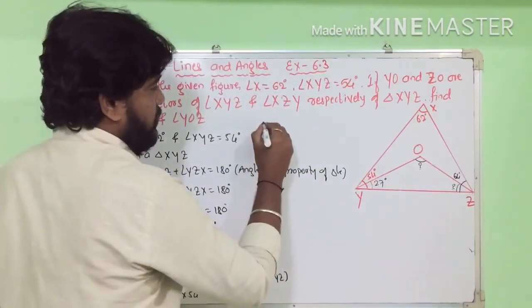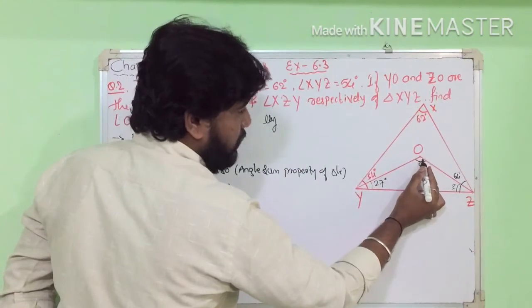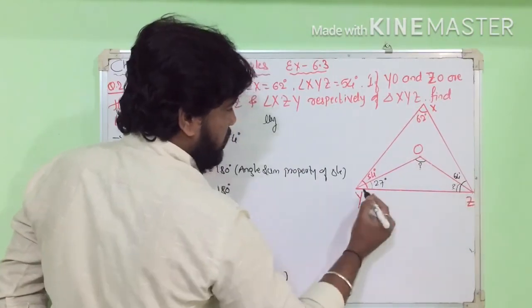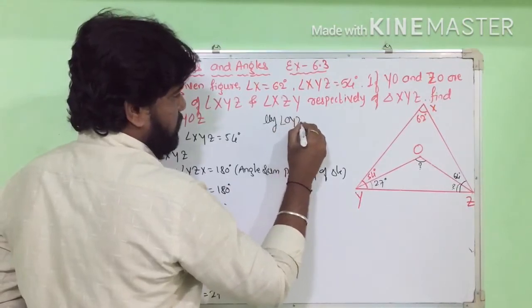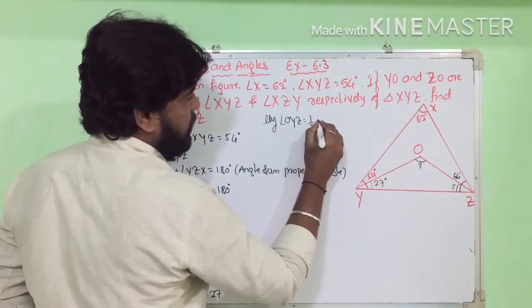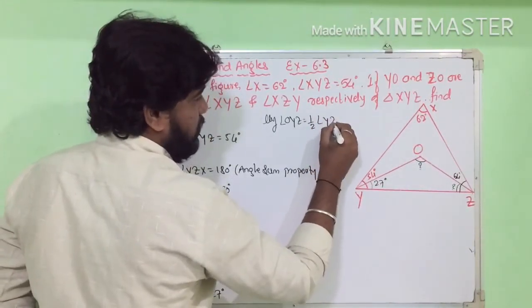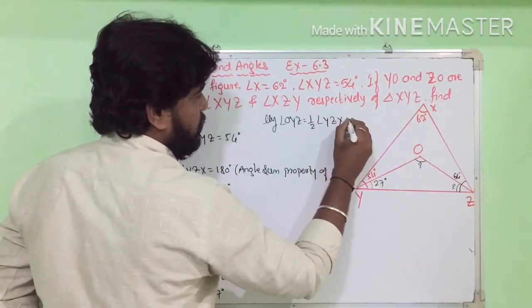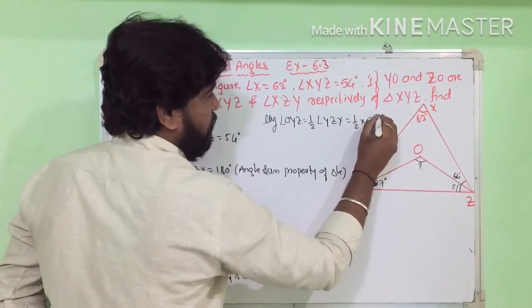Similarly here also, angle OZY is equal to half of the angle YZX. So this is equal to half into 64 degree.